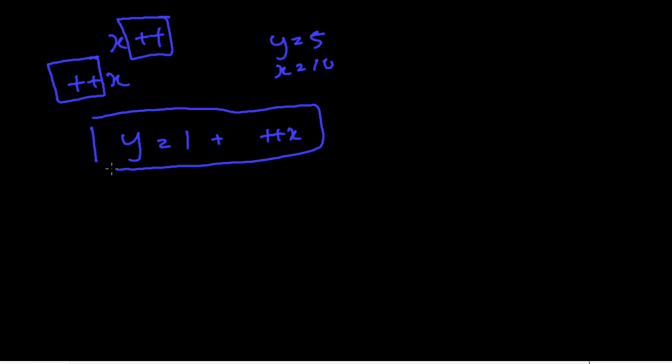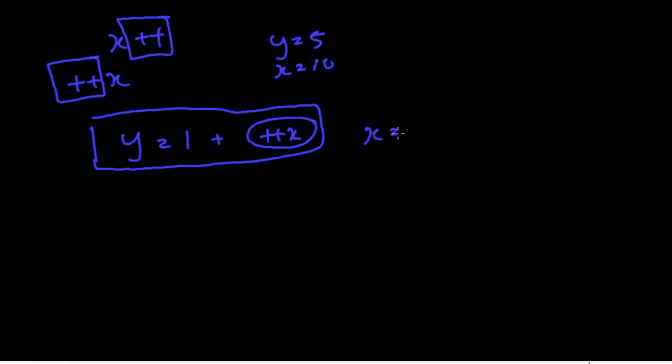Now something that I should point out is that this is what we call a suffix. This is what we call a prefix. Now let's say we have y equals 1 plus plus x. Okay, let's assume that y equals 5 and x equals 10. Now what it does here is that first we will look at this because it has a prefix.